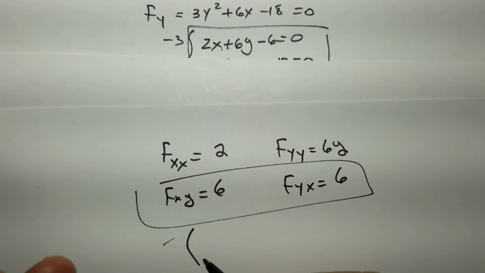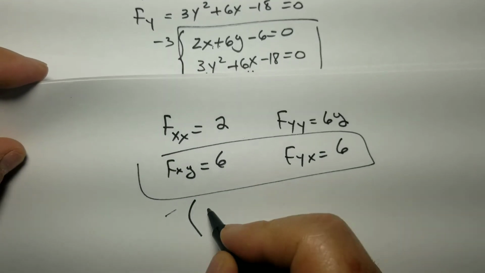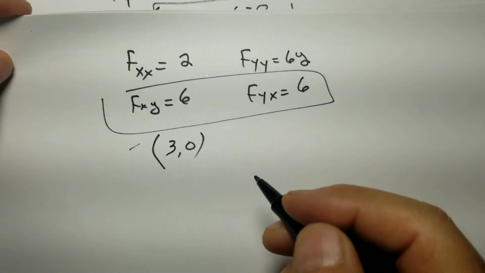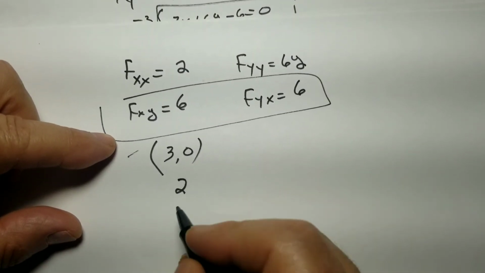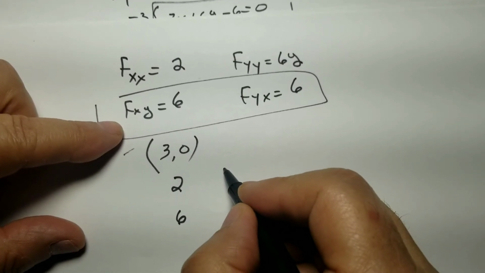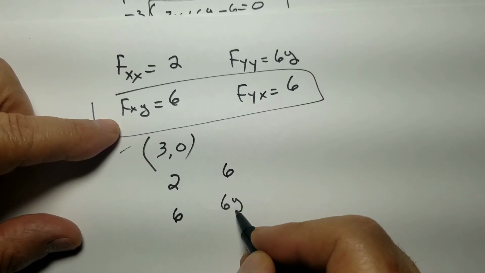Therefore, I'm going to do one ordered pair at a time, 3 and 0. Remember, x is 3, y is 0. Okay. F of xx, f of xy, f of yx, and f of yy.